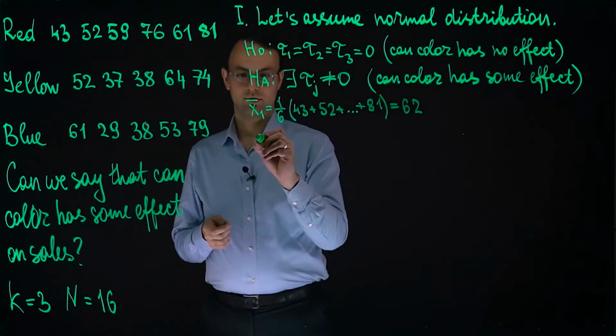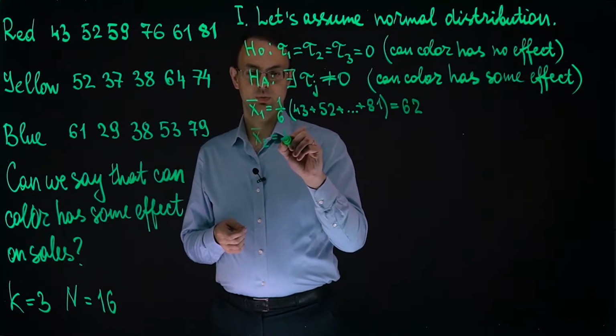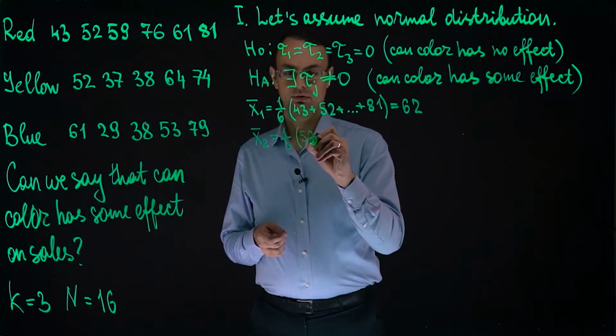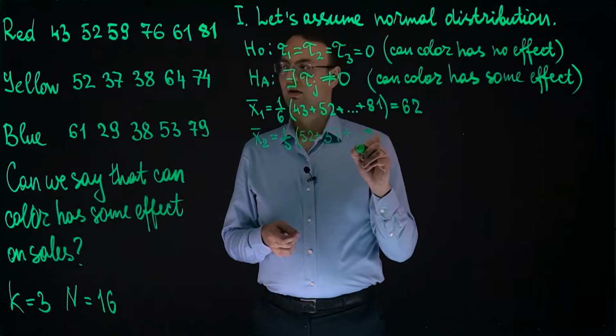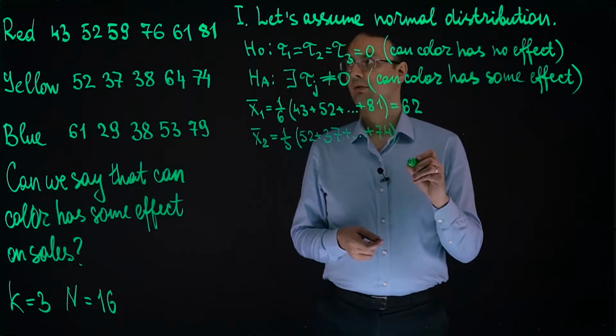Then, for the second sample, x bar 2 is 1 over 5 times 52 plus 37 plus and so on up to 74, and it is 53.